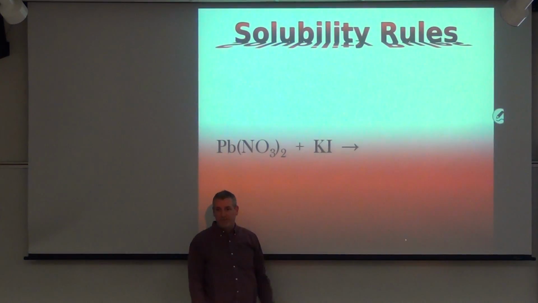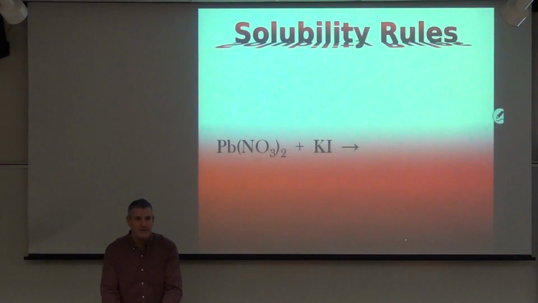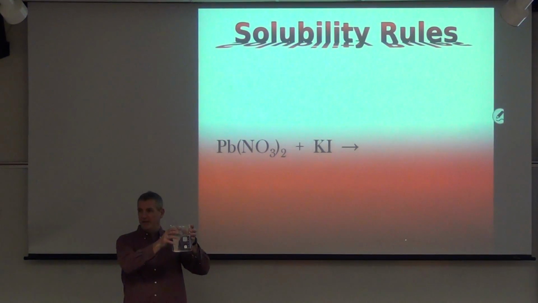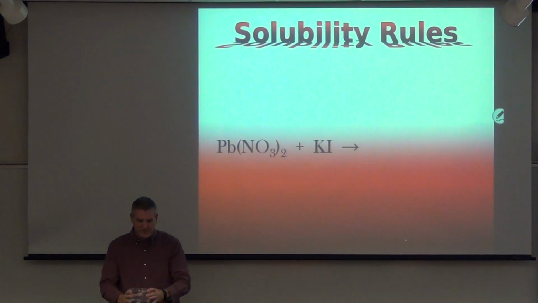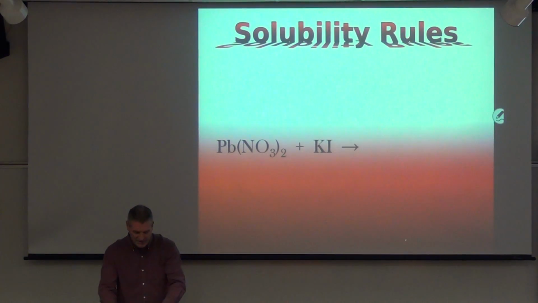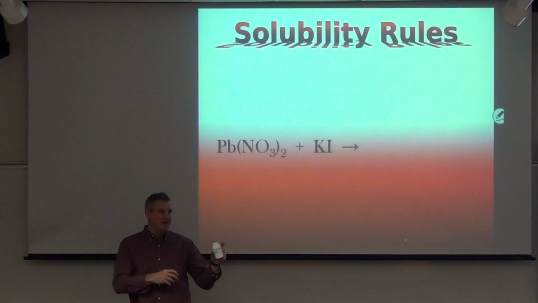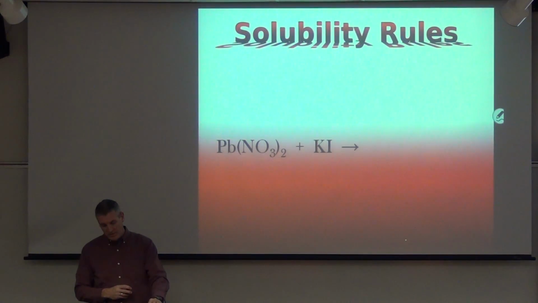And then over here we've got potassium iodide. Actually, we don't. Right here we have dihydrogen monoxide. And here we have potassium iodide, which is soluble.